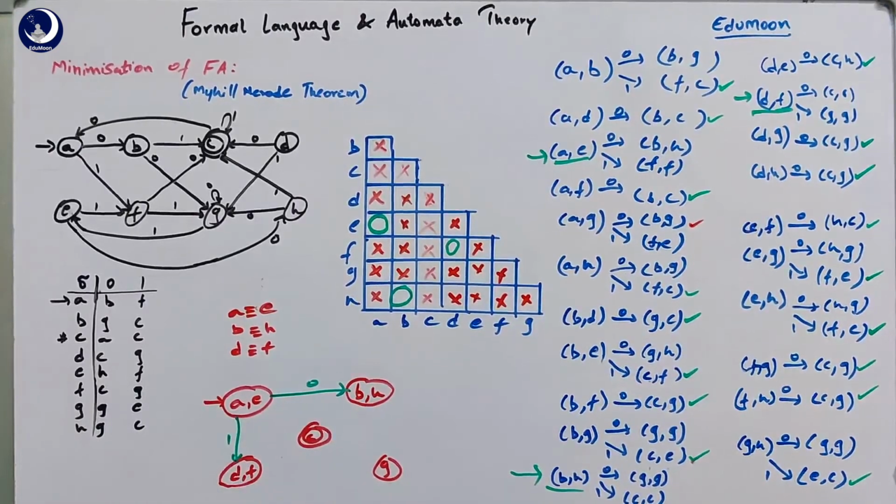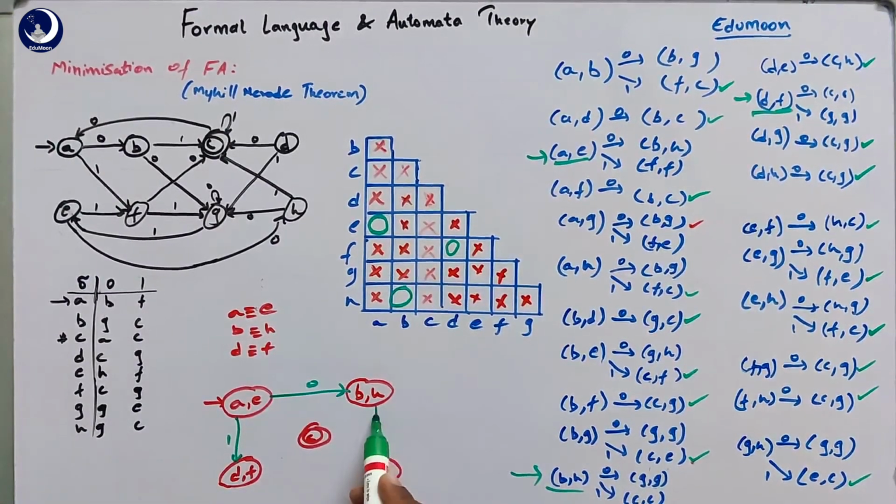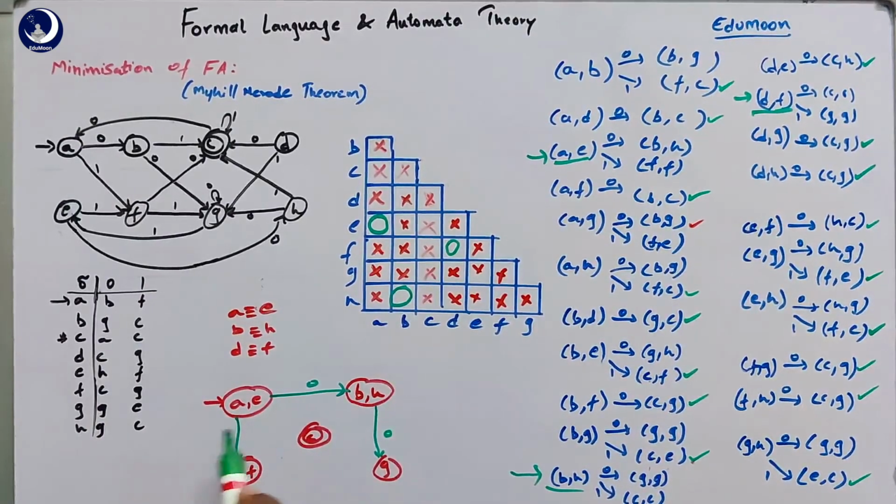Now coming to B and H, B and H on 0 goes to G and on 1 goes to C, right? And coming to C, C on 0 goes to A, so this doesn't change, this is a single state. C on 1 goes to again C here.